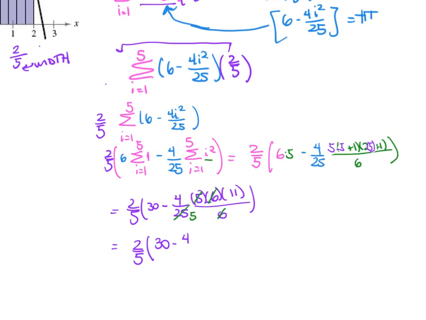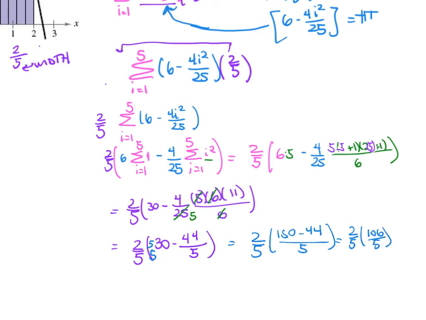So now I'm looking at 4 times 11, which is 44 over 5. Then let's get a common denominator on the inside. So 30 is 5 times 30, which is 150, minus 44, all over 5. So this is 2/5 times 106 over 5. Multiplying together, that's 212 over 25, which is approximately 8.48 square units.